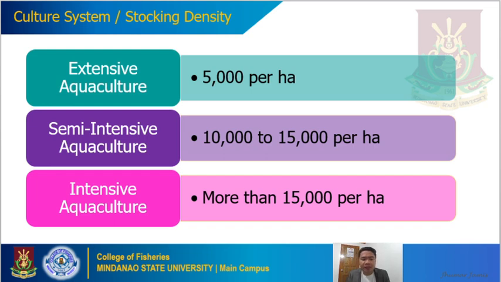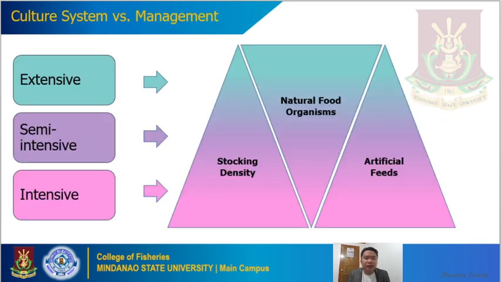culture system. Now, if you take a look at the culture system versus the management procedures that are being adopted in these three systems, we could see here in this figure that the extensive aquaculture will be more dependent on natural food organisms. So technically, extensive aquaculture will have very few to no inputs of artificial feeds or other inputs from the farmers.